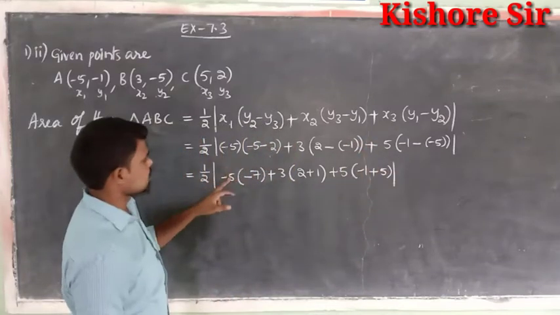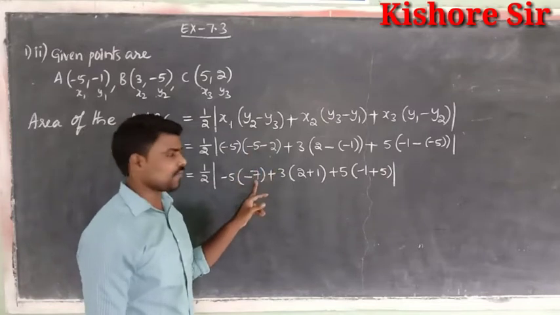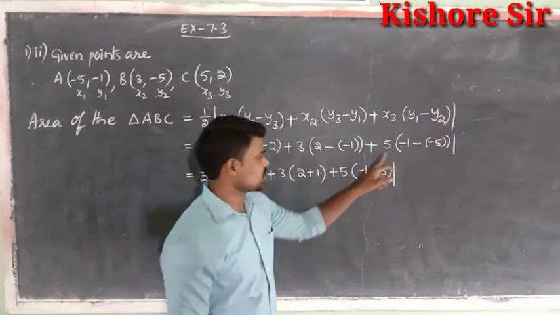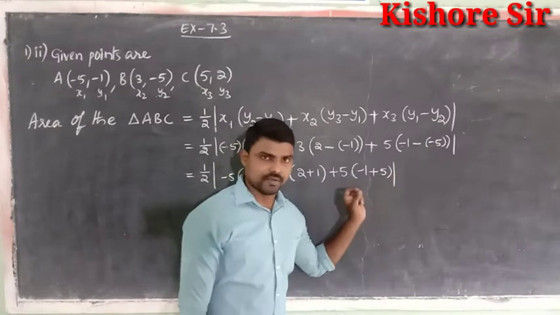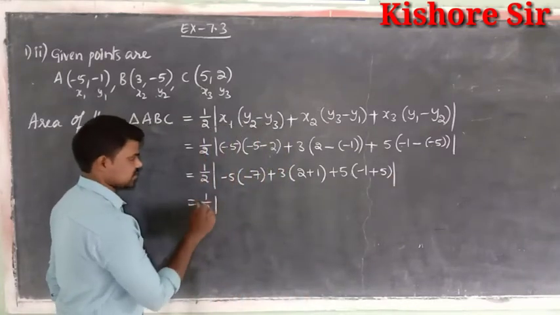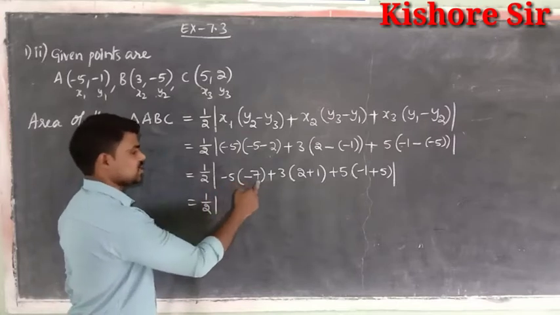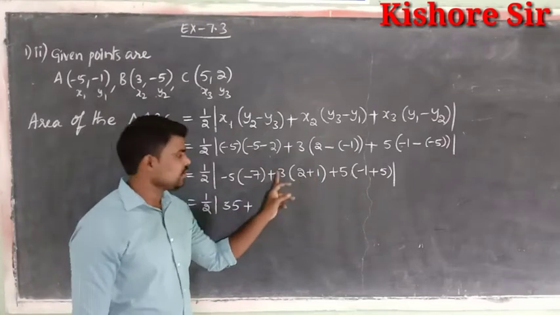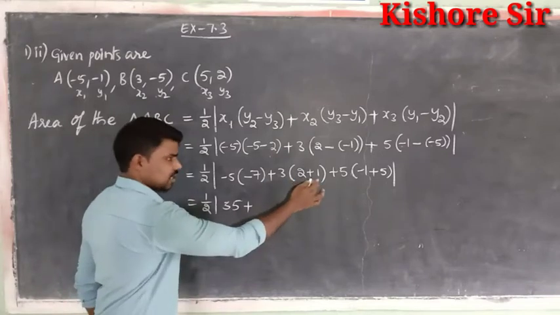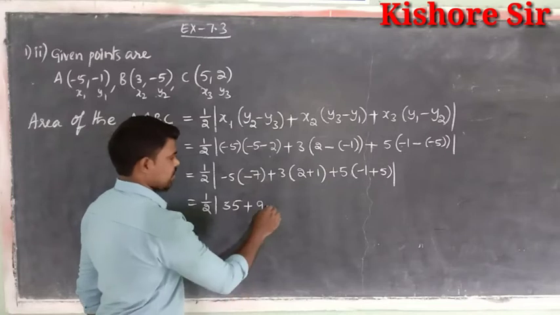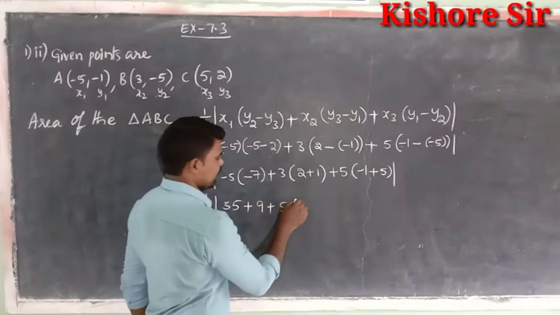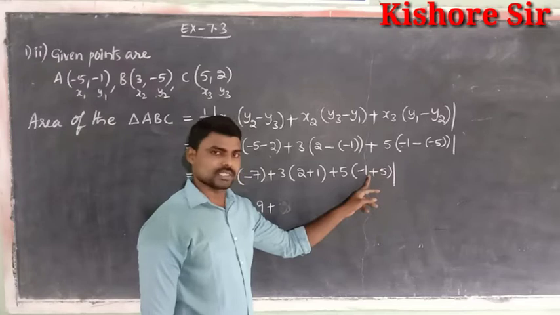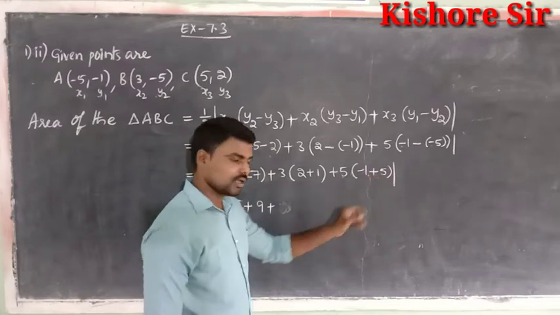That equals 1 by 2 modulus: minus into minus plus, 5 sevens are 35, plus 3 into 3, 3 threes are 9, plus 5 into (minus 1 plus 5, that is 4), 5 fours are 20.